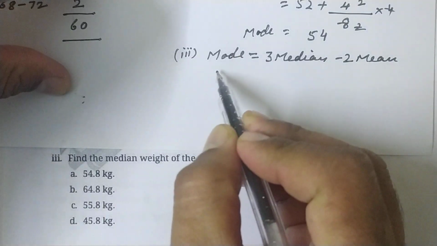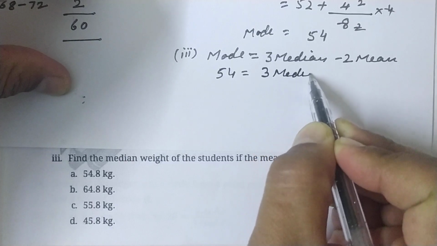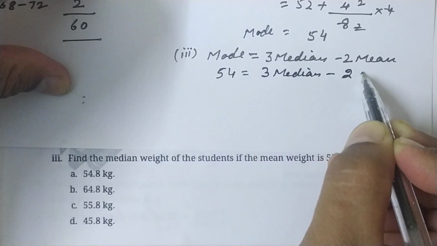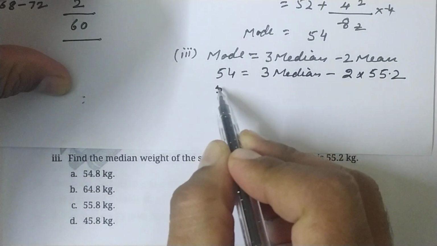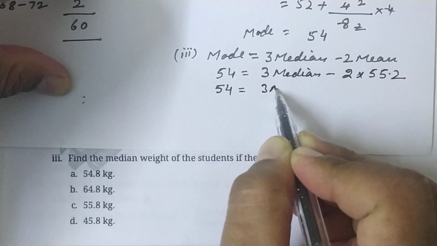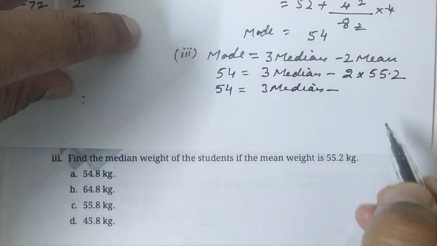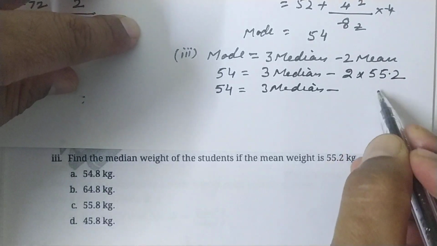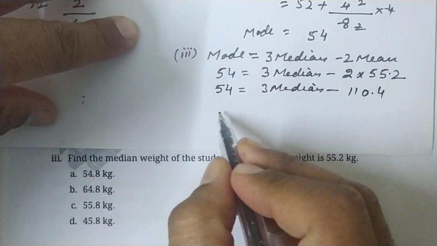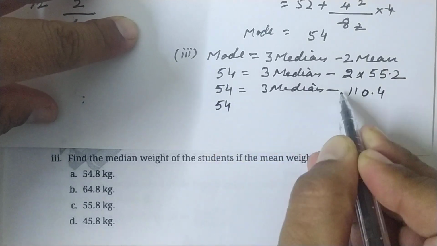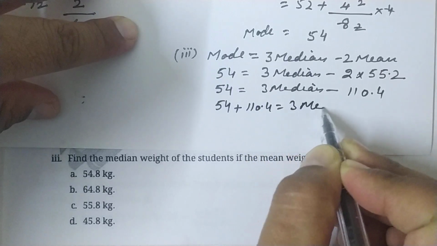So fill in here: mode 54 is equal to 3 into median, which we have to find, minus 2 into mean. The mean is given in this question as 55.2. So 54 is equal to 3 median minus 55.2 into 2. So 2 2s are 4, and it comes to 110.4. So it is 54, and this will come here. So it becomes 54 plus 110.4 is equal to 3 median.